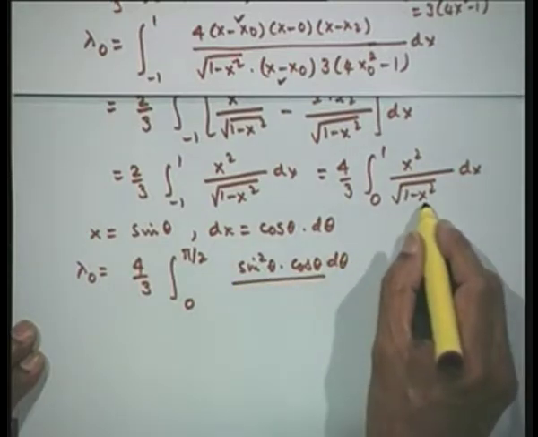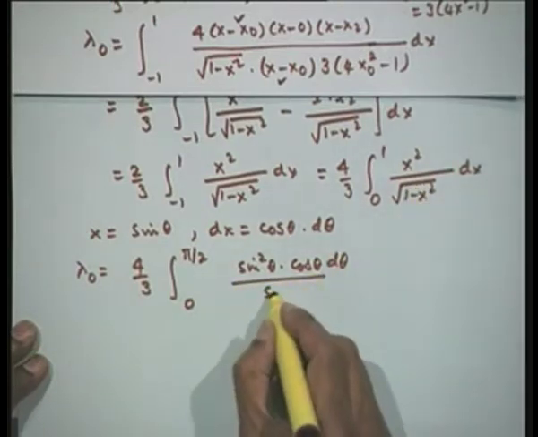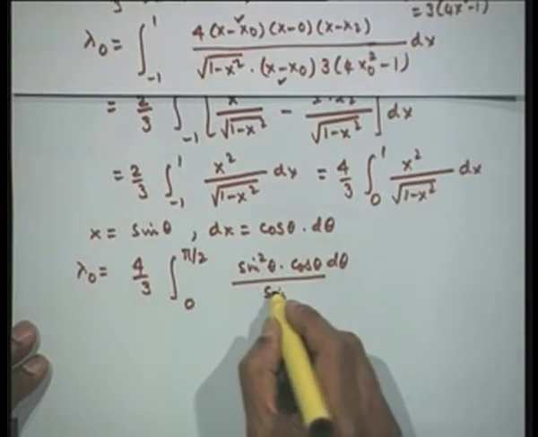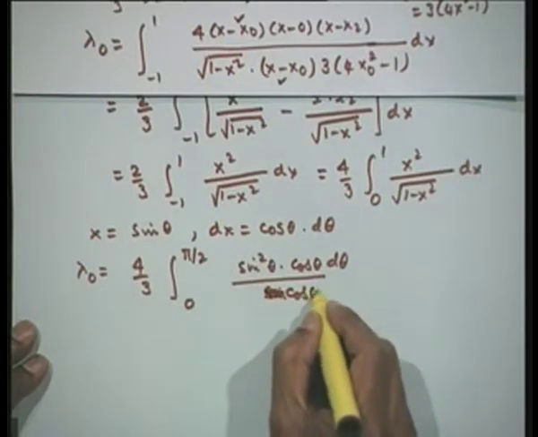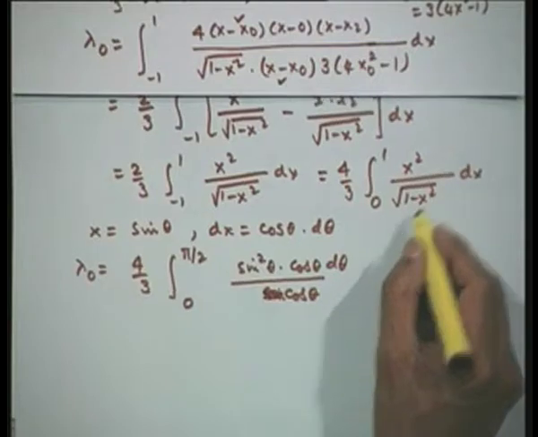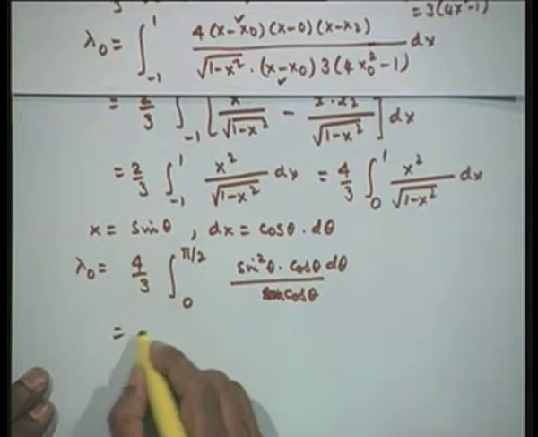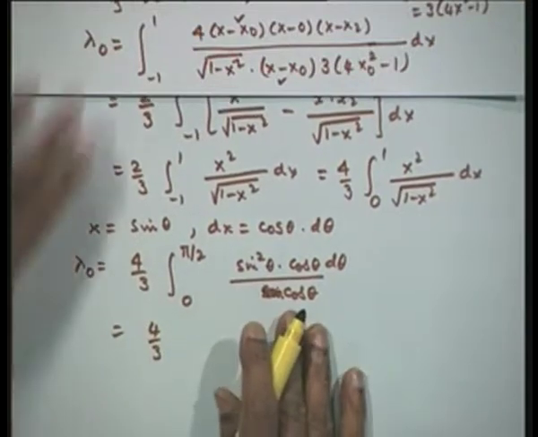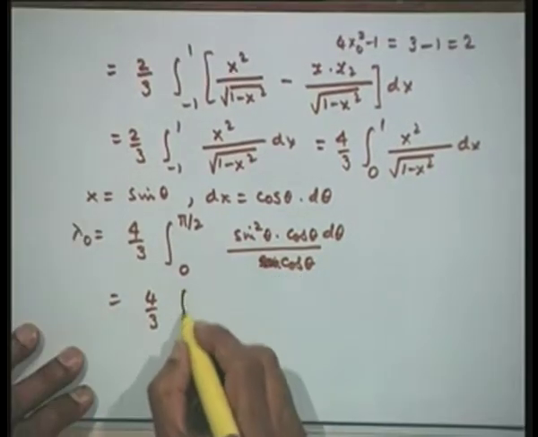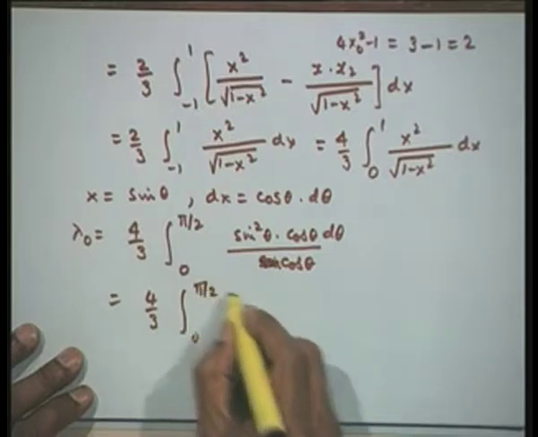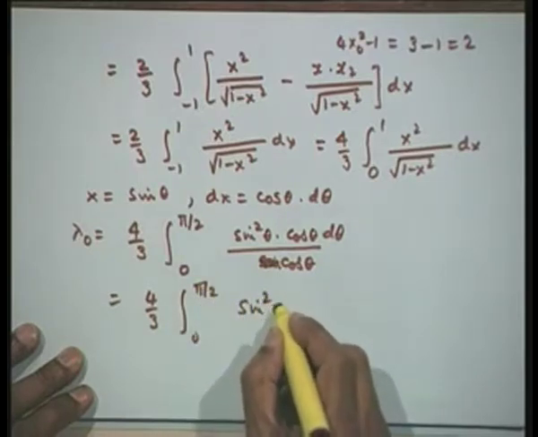Under root of 1 minus sin squared, we have cos squared, under root of this is cos theta. Therefore this is simply equal to 4 upon 3 integral from 0 to pi by 2 of sin squared theta d theta.